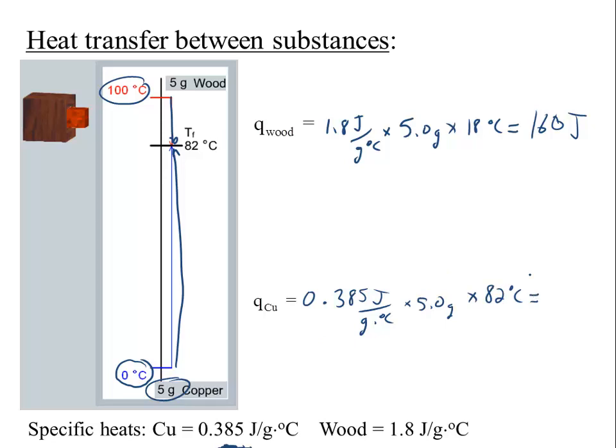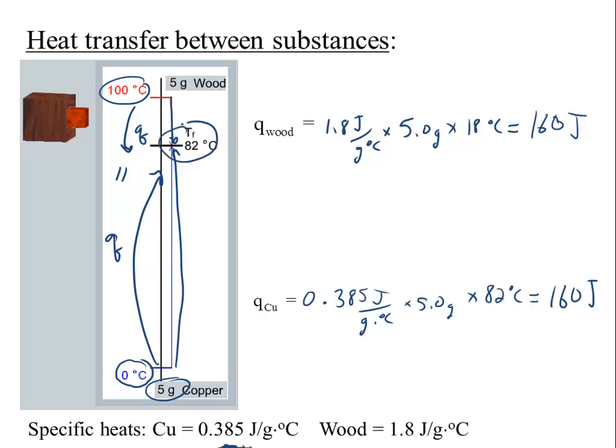And if you multiply that out, 82 times 0.385 times 5, you come out with, again, to 2 significant figures, 160 joules. So the heat energy to raise that, Q, is equal to the heat energy to raise that Q.